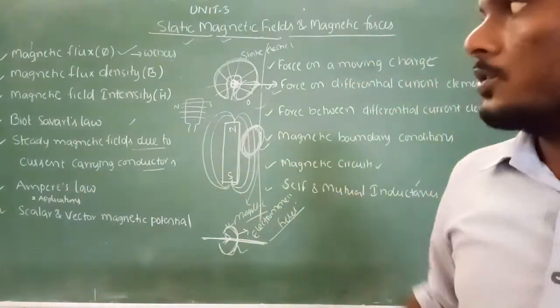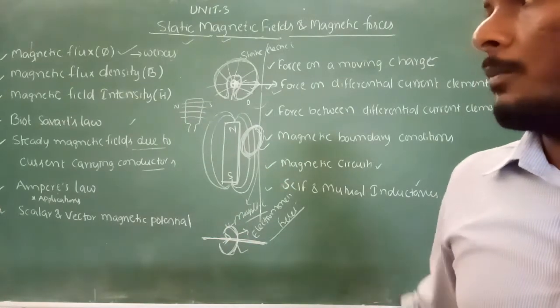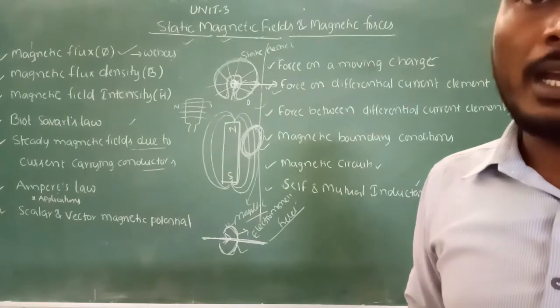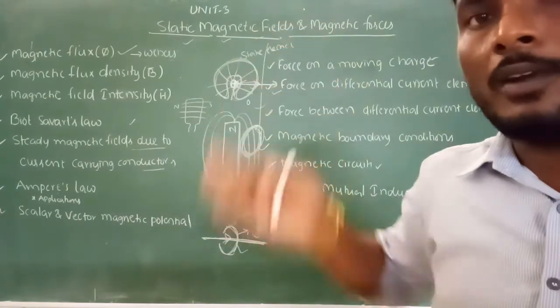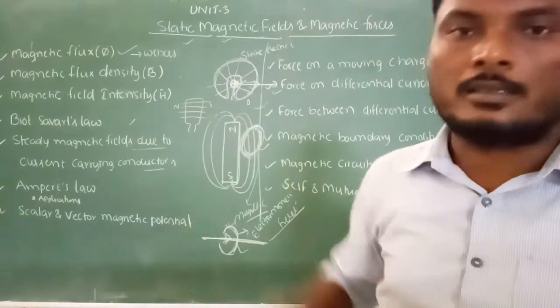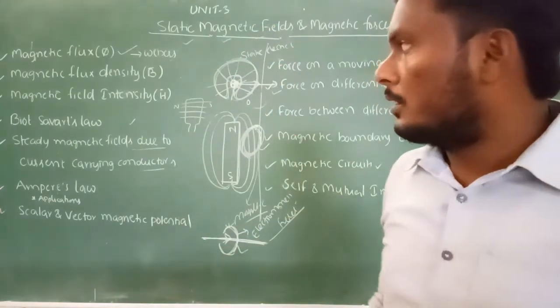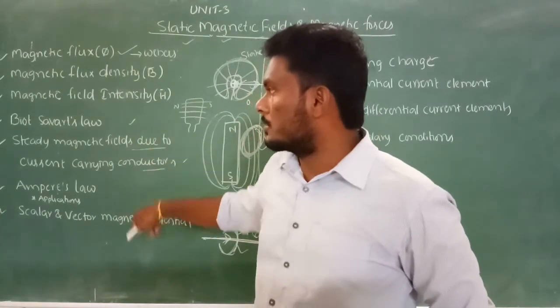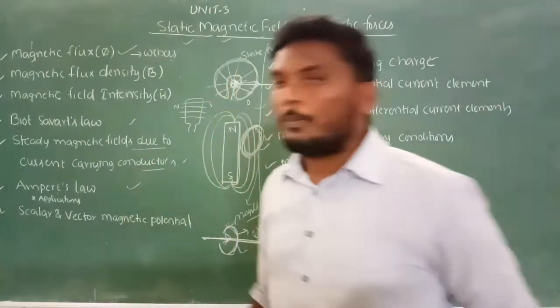Similarly, in this unit we are going to derive the expressions for magnetic field intensities for different current carrying conductors: infinite conductor, finite length of conductor, and circular conductor on the axis of flow. Those concepts will be studied in this unit. In addition to the Biot-Savart's law, we are also going to study Ampere's law.